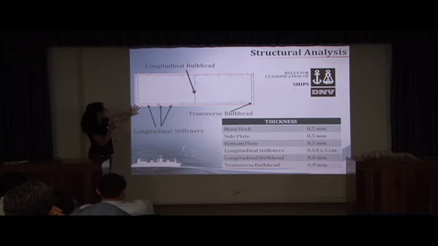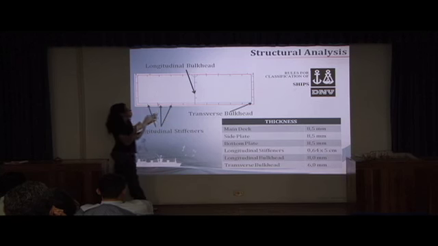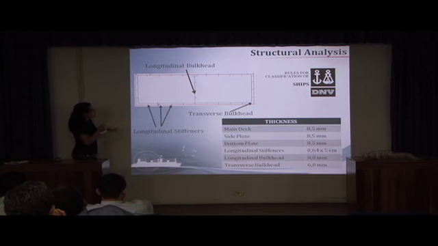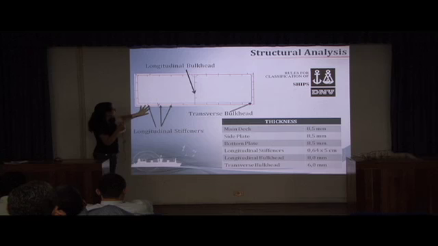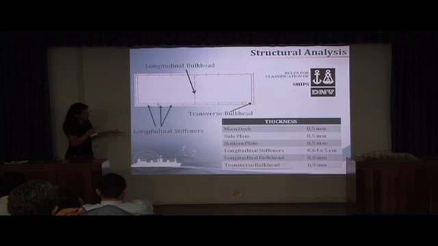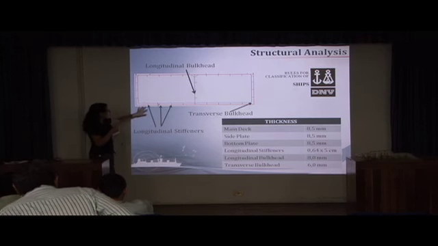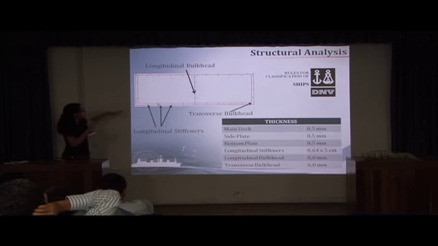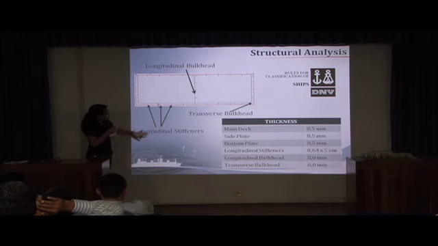This is the structural mid section, and the longitudinal bulkhead, which avoids the entry of water if there is an impact or an accident. The longitudinal stiffeners provide the reinforcement of the ship, and some transverse bulkheads reinforce the ship.